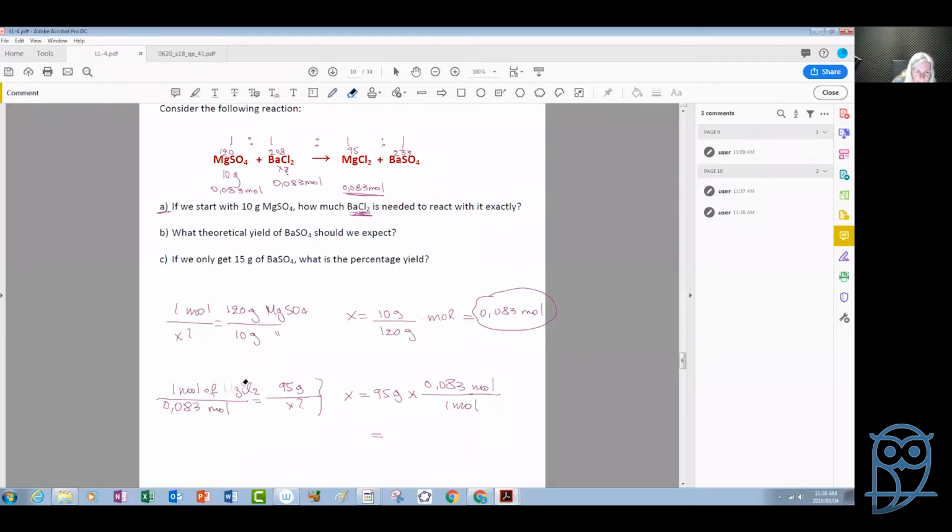So, 1 mole of barium chloride has a mass of 208 grams. And now we can find, for the 0.083 moles, how many grams is that? So this should be here.